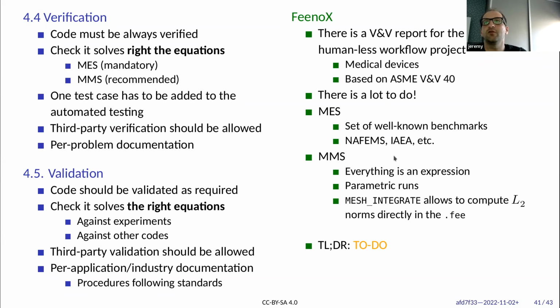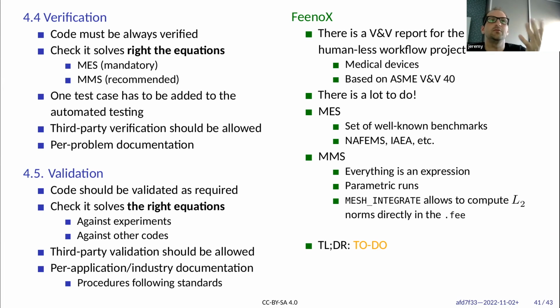Well, we can do a lot of things, but since everything is an expression, that gives rise to the direct application of the method of manufactured solutions, where you propose what the solution of your problem is, and then you go backward: you take a couple of partial derivatives, and then you see what, for instance, the source term should be in order for your problem to have that solution.